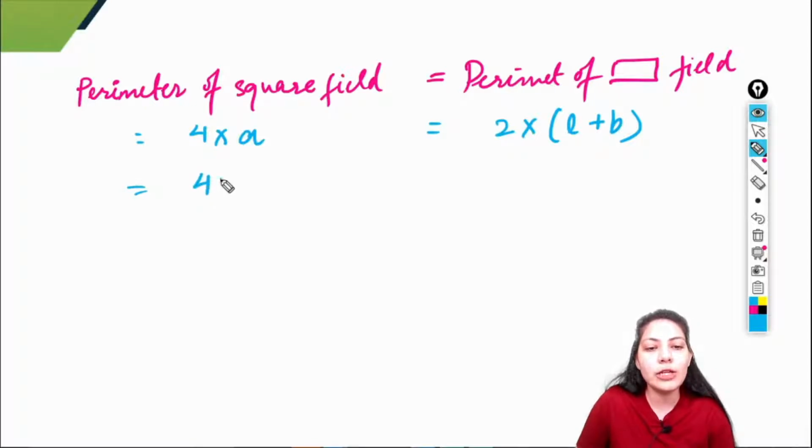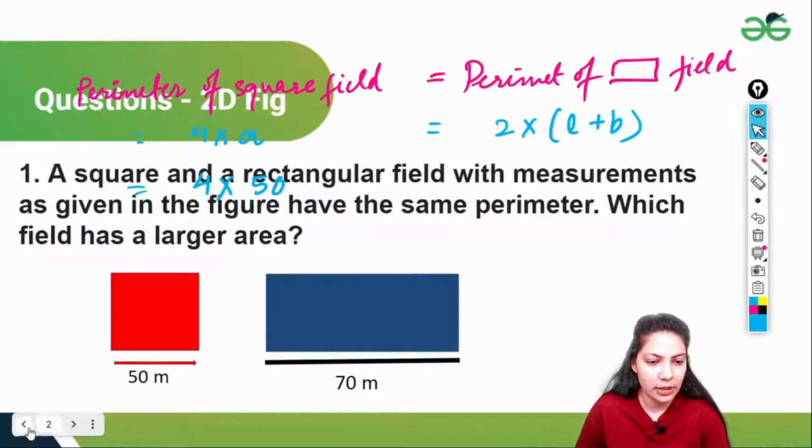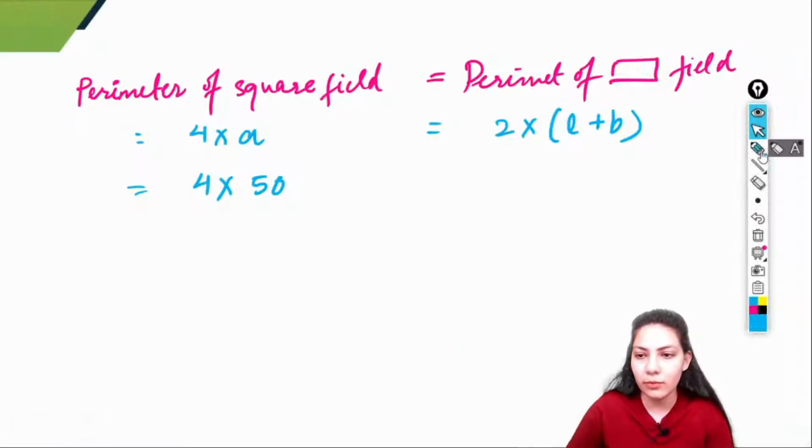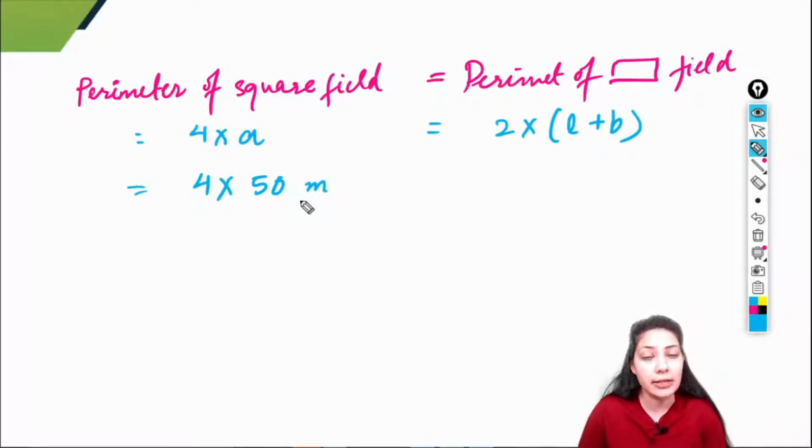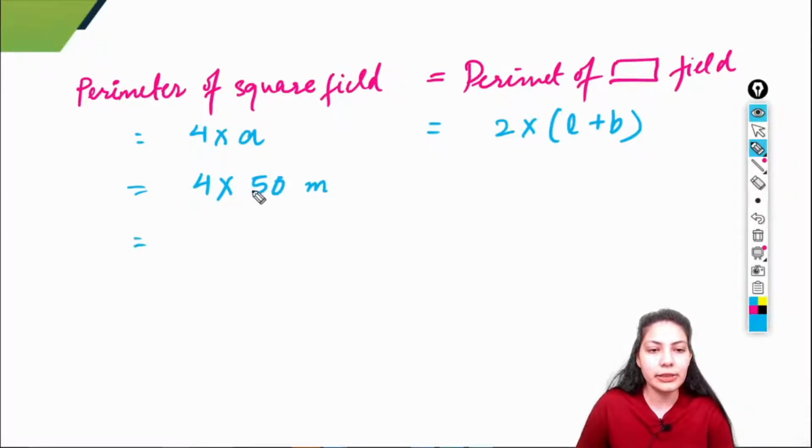The side of the square is given as 50 meter. Always remember to write the unit given in a question and in the answer as well. If you forget to write the SI unit at the end of the answer, then your marks will be deducted. So let's calculate. This is equal to 200 meter. So we have got the perimeter of the square field.